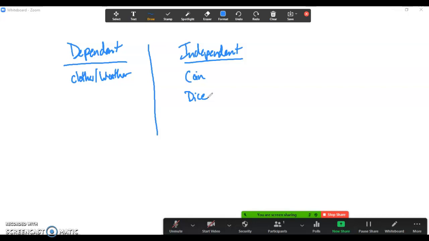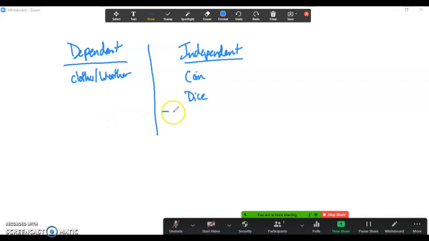Here comes the kicker, I think. Colored tiles in a jar, and you're going to do 2 drawings. You draw, you put it back like we've always done in class, and then you draw again. Does the second time you pull something out depend on what you drew the first time?